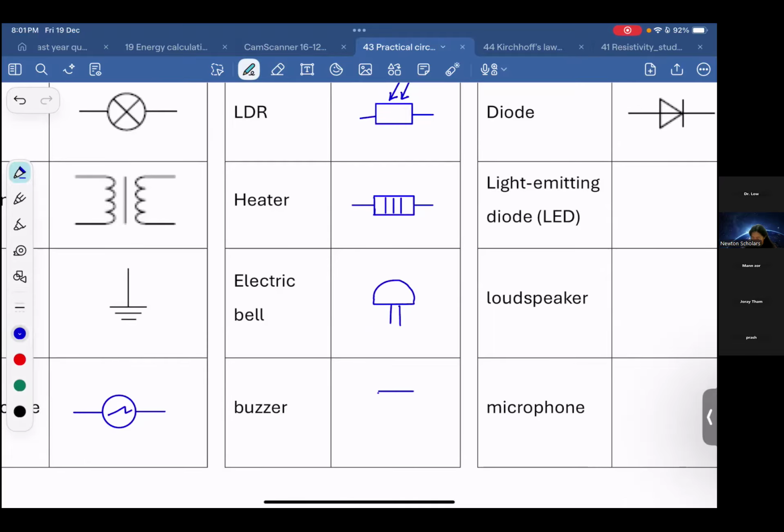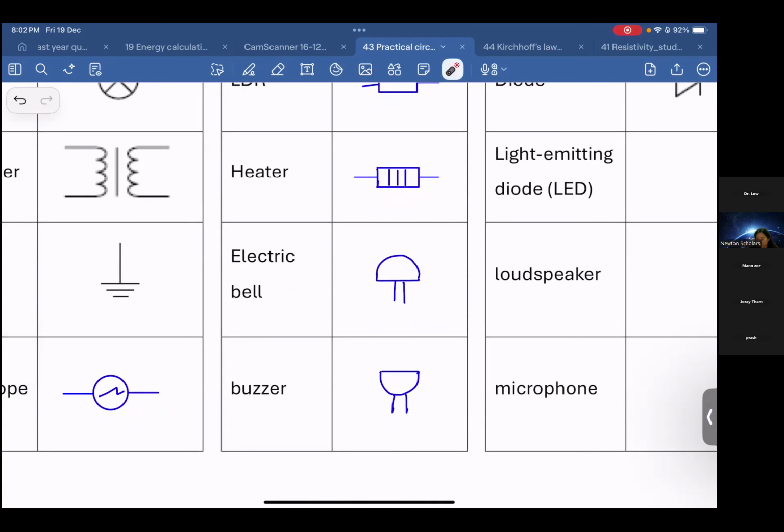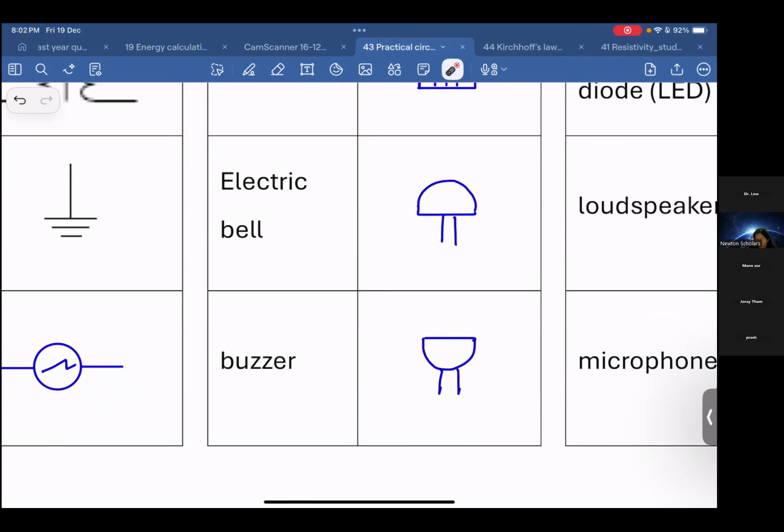This is the buzzer. Upside down only. So how am I going to memorize and differentiate between these two? For myself, I'm trying to find some technique. For me, the buzzer here, you see, is a thread, but the electric bell goes up, down, up, down. Buzzer is thread. I remember it in this way. You can use other methods to memorize as long as you're able to differentiate between these two.